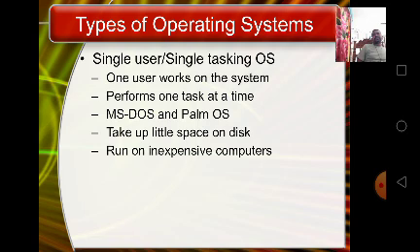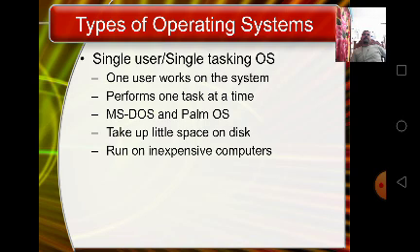Although such operating systems are limited by these characteristics, there is still a use for them because they take up very little space on disk or memory when they are running and do not require a powerful, expensive computer.